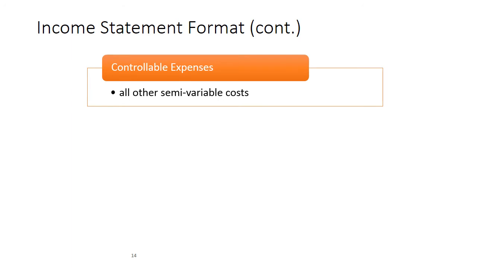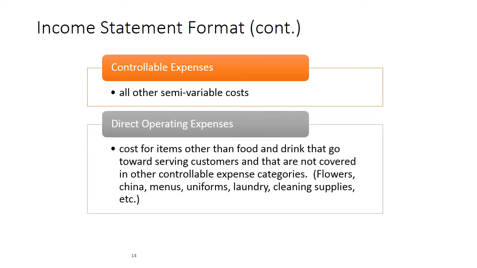Okay, controllable expenses are then coming out after that. So controllable expenses are all other types of mixed costs. Some of them are fixed, some of them are variable. But these are the things that we have control over, okay? Not things like our rent and things like that, but these are other expenses that we can control a little bit. Direct operating expenses are the cost for things that go toward serving the customers.